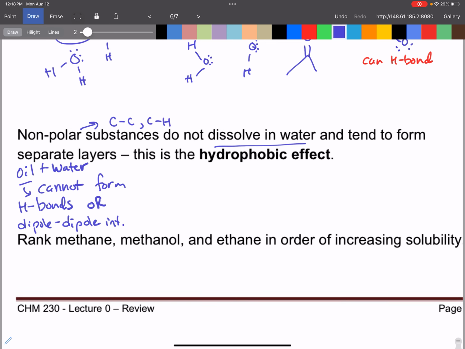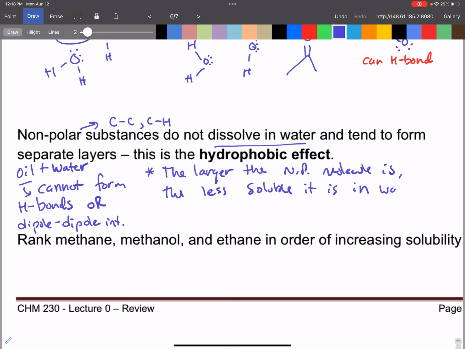One thing I want to point out is that the larger the nonpolar molecule is, the less soluble it is. And again, we're talking about in water here.